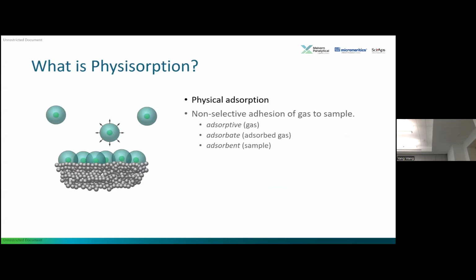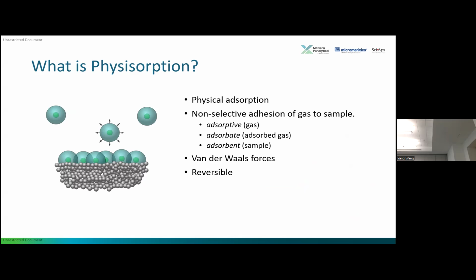Again, physical absorption is non-selective. So we have an inert gas absorbing to the surface. You have the absorptive, which is the gas, the absorbate, which is the absorbed gas, and the absorbent, which is the sample.